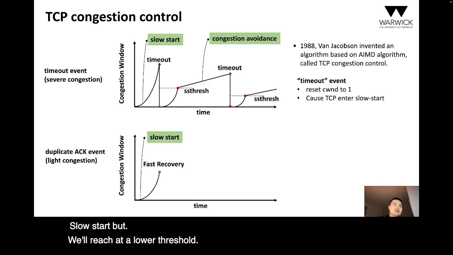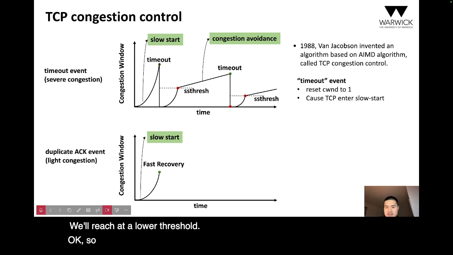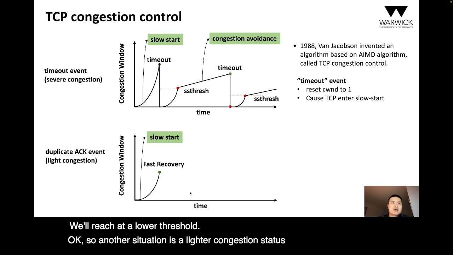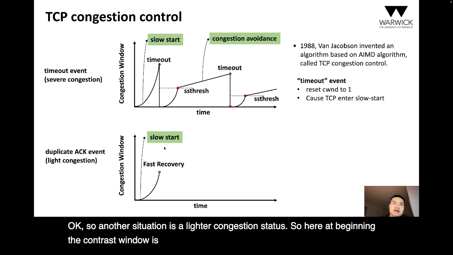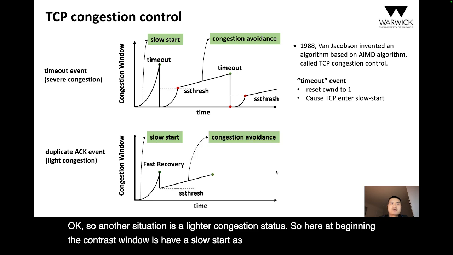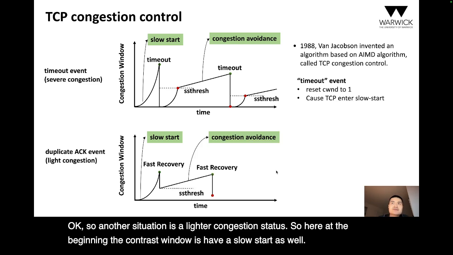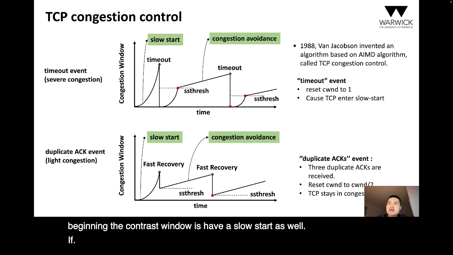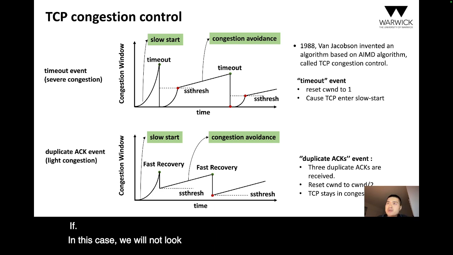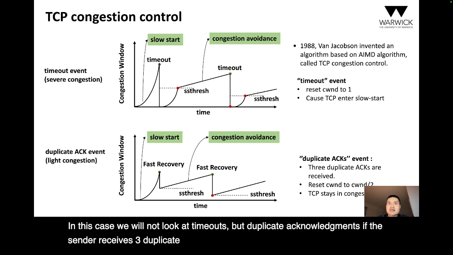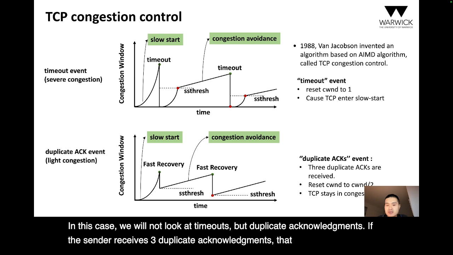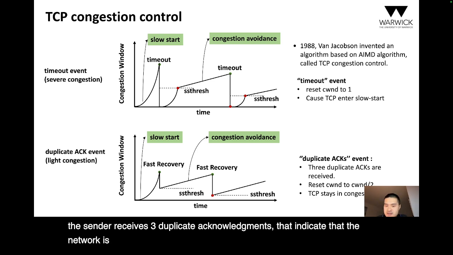Another situation is a lighter congestion status. Here at the beginning, the congestion window has a slow start as well. In this case we are not looking at timeouts but duplicate acknowledgements. If the sender receives 3 duplicate acknowledgements, that indicates that the network is going through congestion.